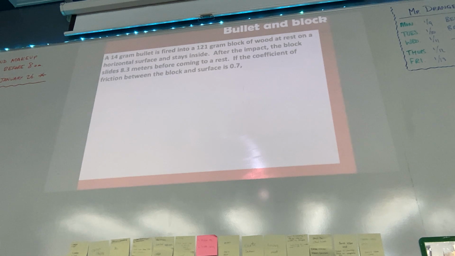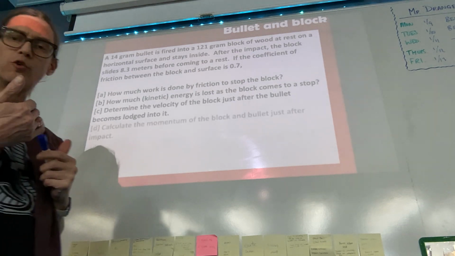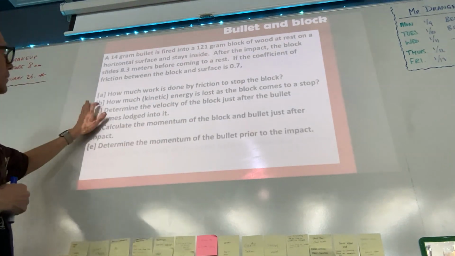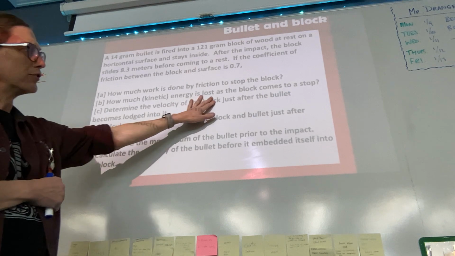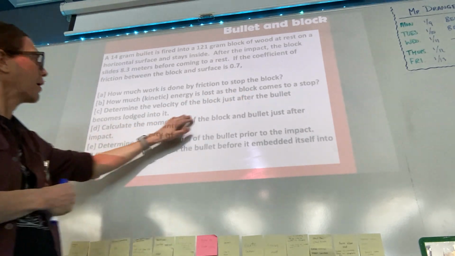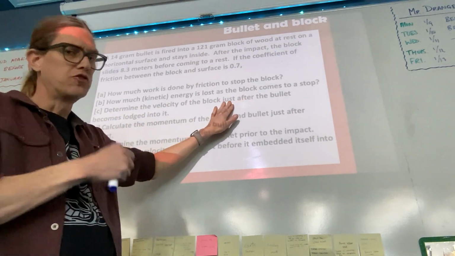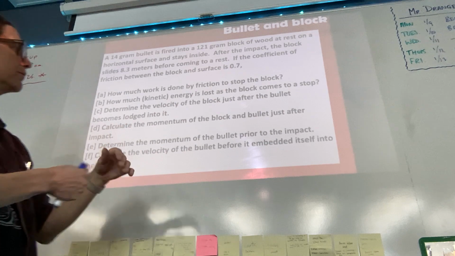So we've got some questions to answer here. How much work is done by friction in order to bring that block to a stop? How much kinetic energy is lost as that bullet and block slide to a stop? What's the velocity of the block and the bullet just after the collision?